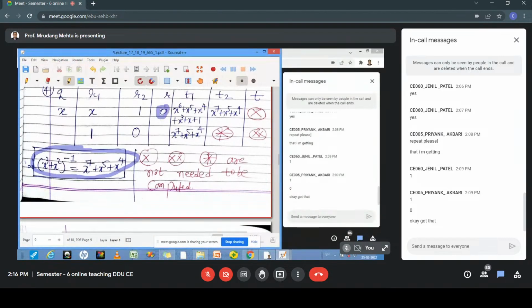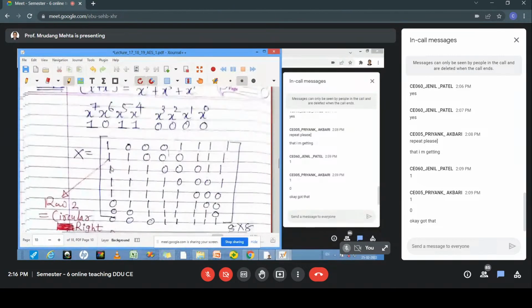When R is 0, it is copied over here, right? So R2 is 0. At that time, what is T1? When R2 is 0, T1 is x raised to 7 plus x raised to 5 plus x raised to 4. Or when R1 is 1, we have this. And that is our inverse.